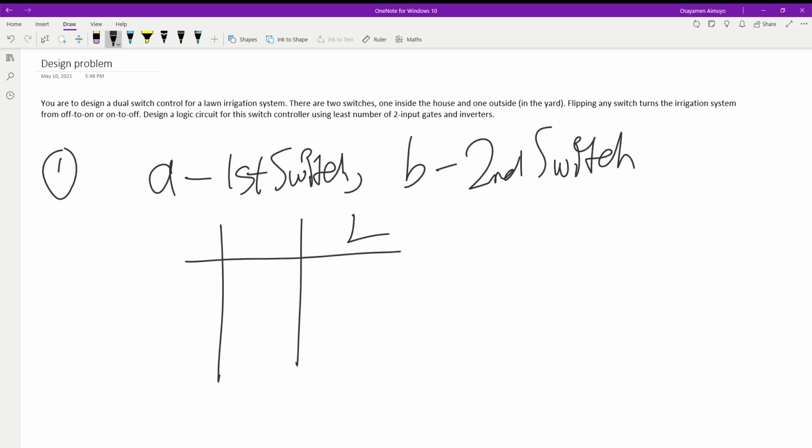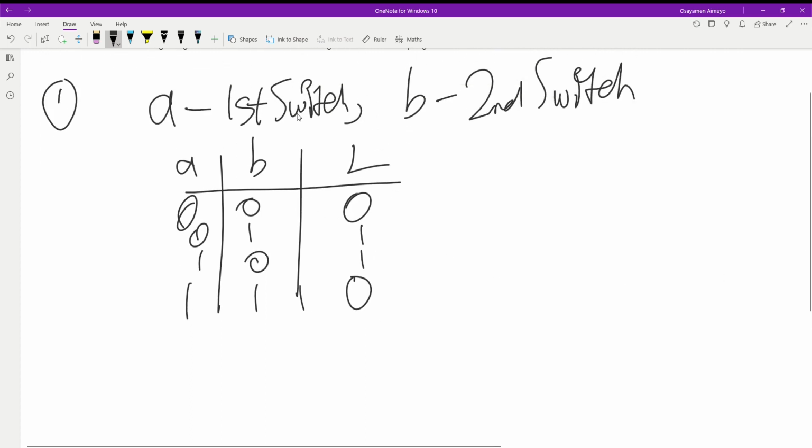We call L our light bulb. So you have A, B. As stated earlier, when both switches are in the same state, our system is off. But when both switches are in opposite states, our system is on. So we have our truth table.